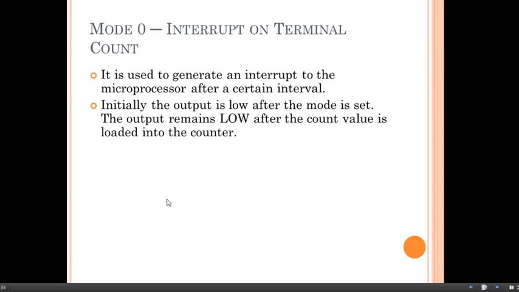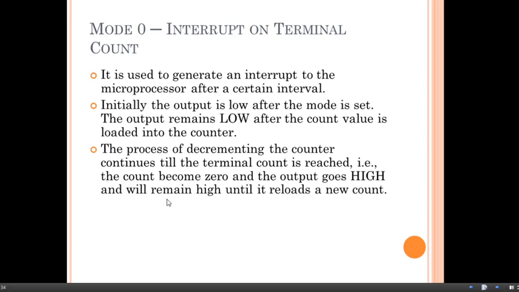Initially the output is low after the mode is selected, meaning once the mode is selected as mode 0, the output is low, and the output remains low after the count value is loaded into the counter. The process of decrementing the counter continues till the terminal count is reached.